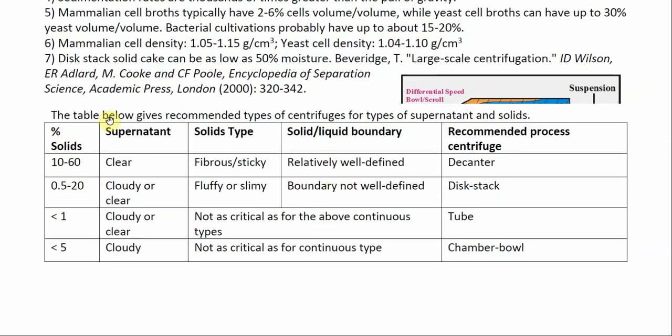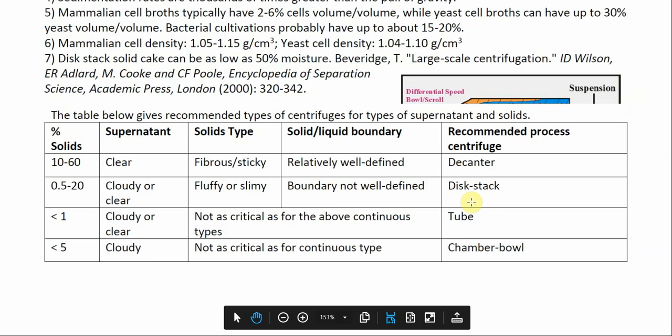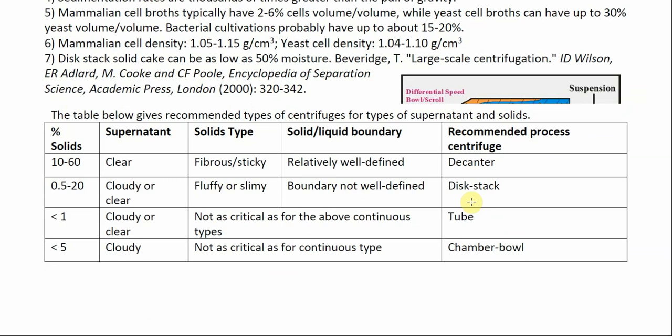Okay, this table shows how you would choose which type of centrifuge you want to use. If you have a lot of solids, meaning a yeast broth or a bacterial broth, and you don't want to add a bunch of water to that, then you would want to choose a decanter.